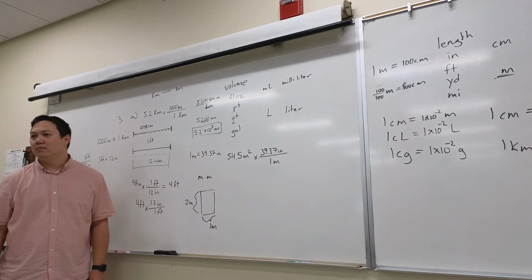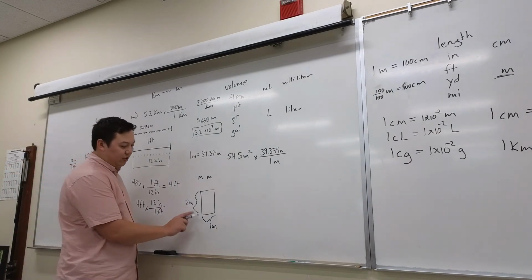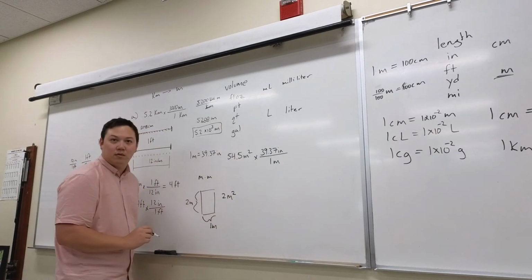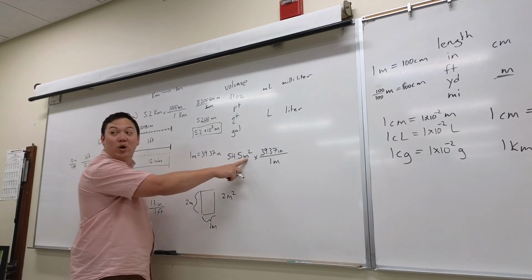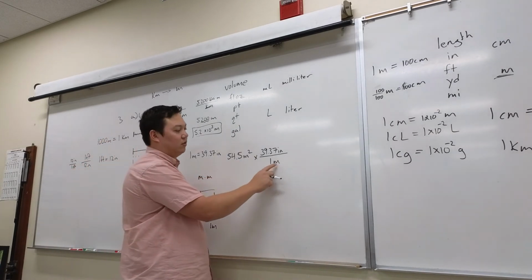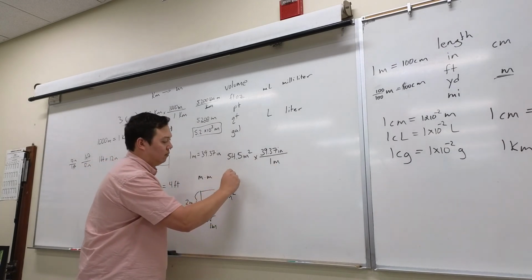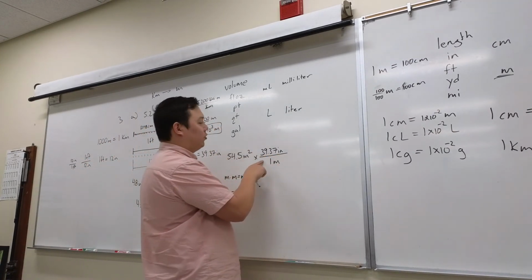Multiply the two sides together. So 2 meters times 1 meter would be 2 meters squared. So we need to convert meters to inches twice, because it's meters times meters. We need to cancel it out twice. So we just repeat this.